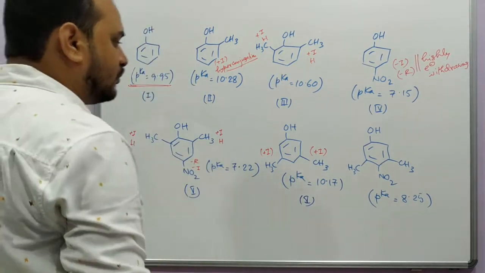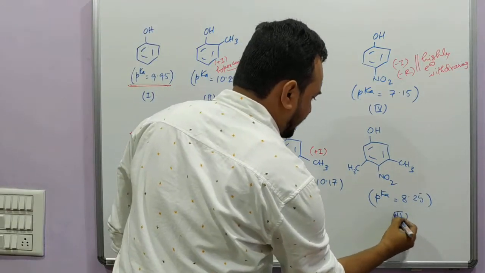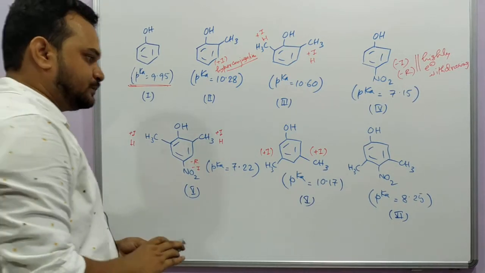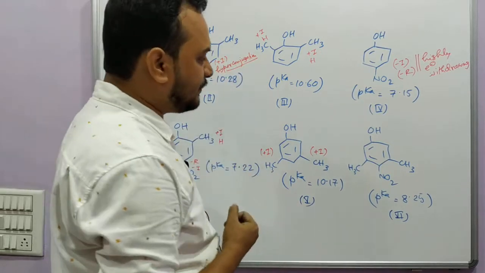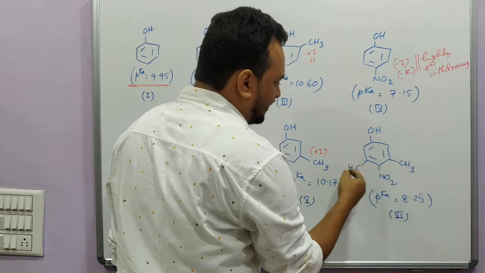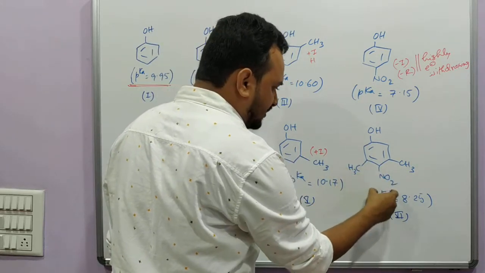Now come to compound number 6, very important. Here the two methyl groups are at ortho position with respect to the nitro group. This nitro group is a bulky group, nitrogen and 2 oxygen. So what happens, since these two methyl groups are at ortho position, they are in close proximity with this NO2 group.